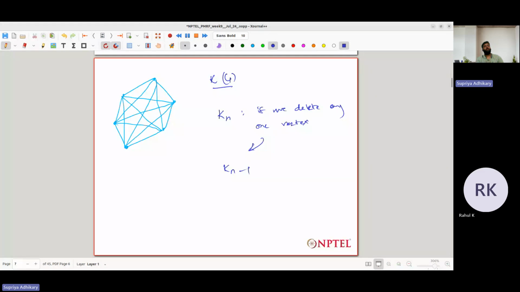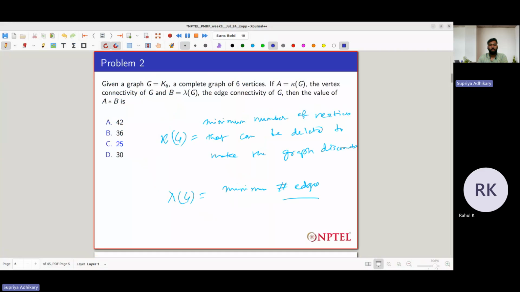And therefore, what we can say is that the vertex connectivity of the graph, for this case K6, will actually be equal to 5, because after the definition of vertex connectivity, this was modified: the minimum number of vertices that can be deleted to make the graph disconnected, or we are left with one vertex.